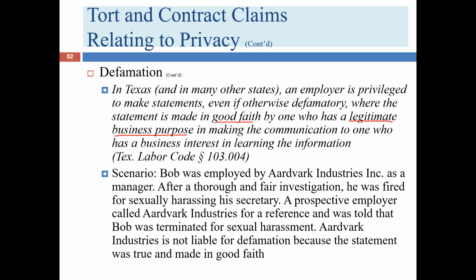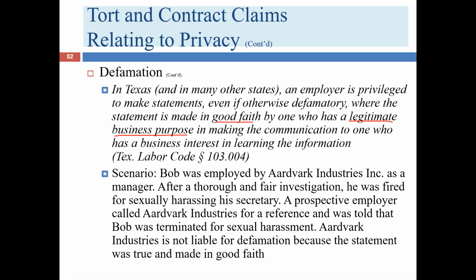And I'm going to show you the statute in just a second. Let's unpack this for a second. It's a social good for organizations to be able to communicate freely with various stakeholders regarding HR matters.